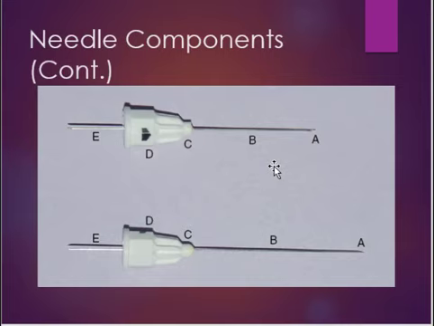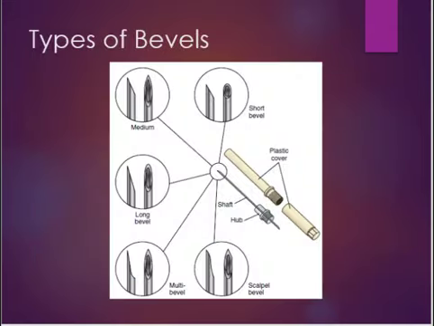So the very tip right there, that's called the bevel. There are a bunch of different types of bevels: short bevels, medium, long, multi-bevel, scalpel bevel. Basically, the bevel is the point or the tip of the needle.